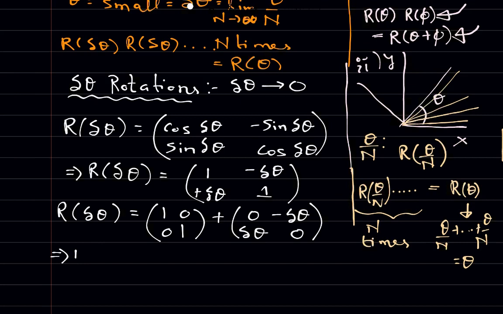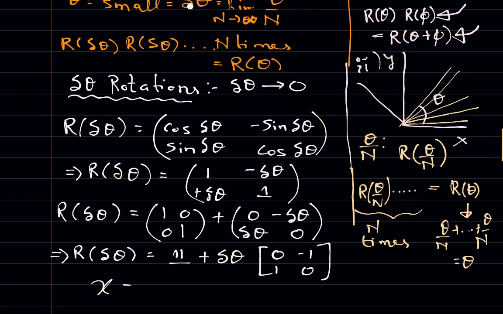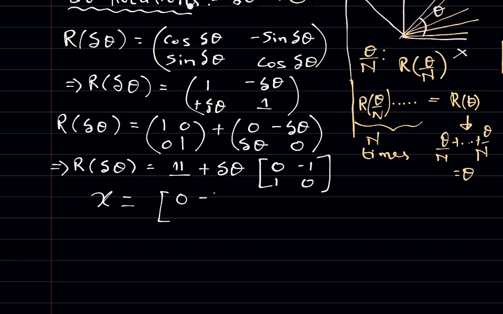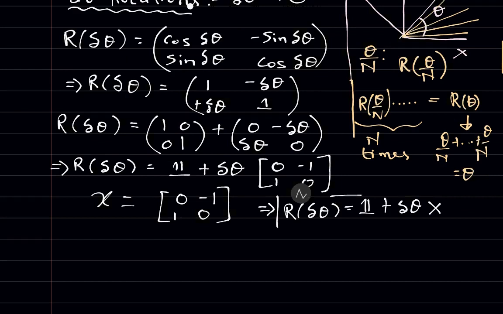He said, I can write this further as R of del theta as the identity matrix plus, if I take delta theta common, a matrix that looks like 0, -1, 1, 0, and let us name it X. So finally we have R of a very small angle equals the identity matrix plus the parameter delta theta times some matrix X. This is the final result that we have at hand right now.